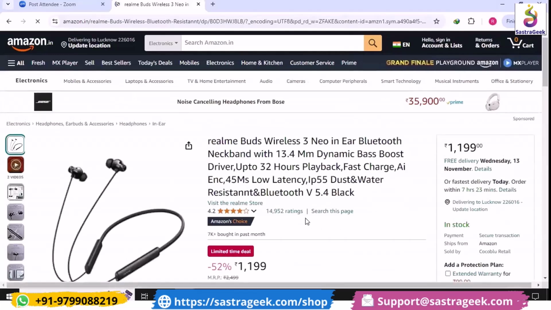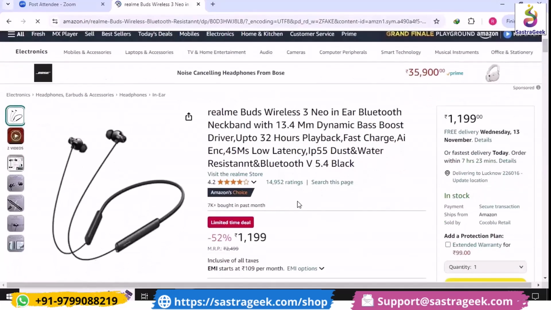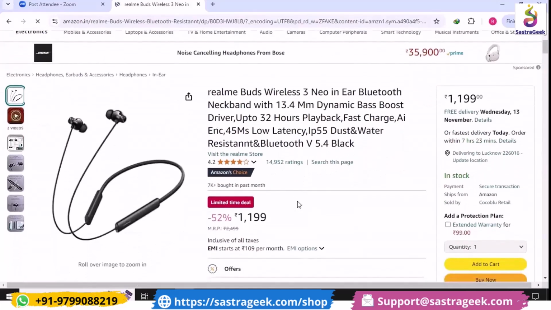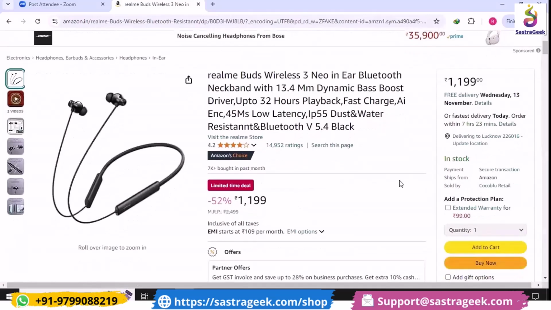Now, whenever you buy anything from Amazon, or any website or any place, you have a couple of details inside it, and most likely you must be able to see one more additional parameter over here. That is ships from. And there is one more entity called sold by. Definitely, Amazon is a buyer seller platform in very generic layman terms. So when I say buyer seller platform, you are the one who is buying from this seller, like Coco Blue Retail.